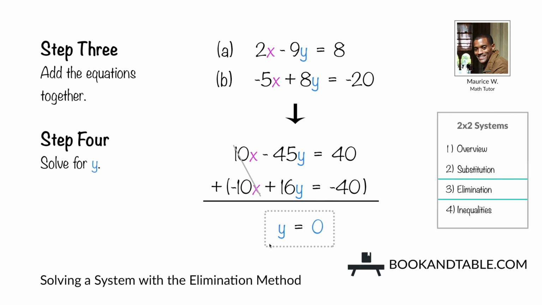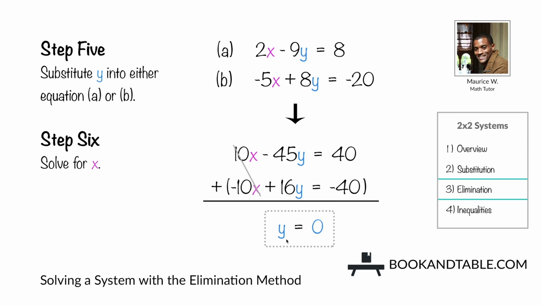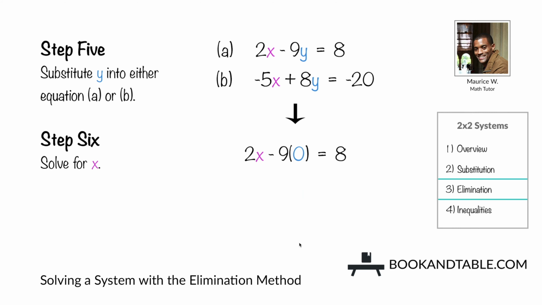And now that we've solved for y, step 5, we can substitute y into either equation A or B, and then step 6, solve for x. I'll show you that it works for both. 2x minus 9 times 0 would be 2x minus 0 is equal to 8. So 2x is equal to 8. We divide both sides by 2, and we get x is equal to 8 divided by 2, which is 4.